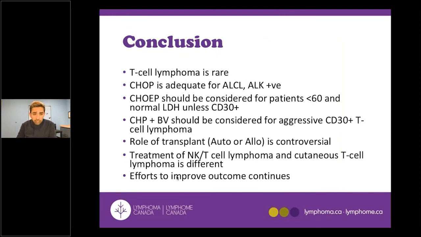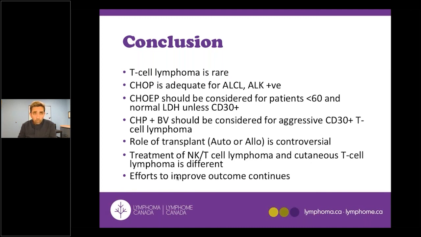So in concluding remarks, we discussed that T-cell lymphoma is quite rare. The most common types are the nodal and extranodal, especially the peripheral T-cell lymphoma, the ALCL, and the AITL.